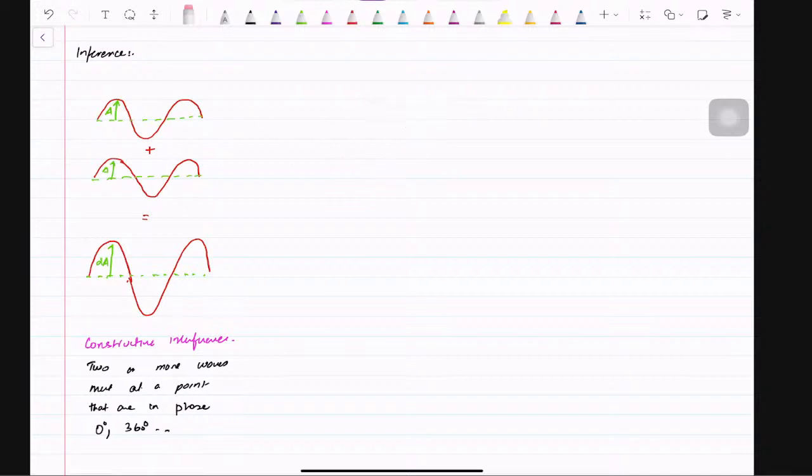Wait a second, I didn't make it correctly. Okay, let me make it like this. Now, when these two combine, you should understand that the amplitude of this wave is, let's suppose, A, and the amplitude of this wave is negative A.